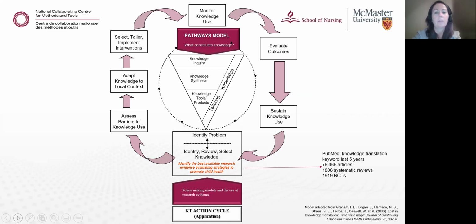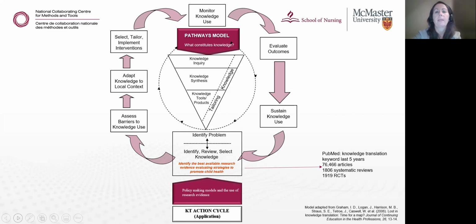So I did a little bit of searching, and by no means am I an expert at searching, so you may not be able to replicate these numbers, but just really quickly, I took a look at PubMed, and I used the words knowledge translation as keywords, and I just limited that search to the last 5 years and found over 76,000 articles. And then when I limited that to systematic reviews, there were over 1,800. And when I just limited to randomized control trials, there were almost 2,000.